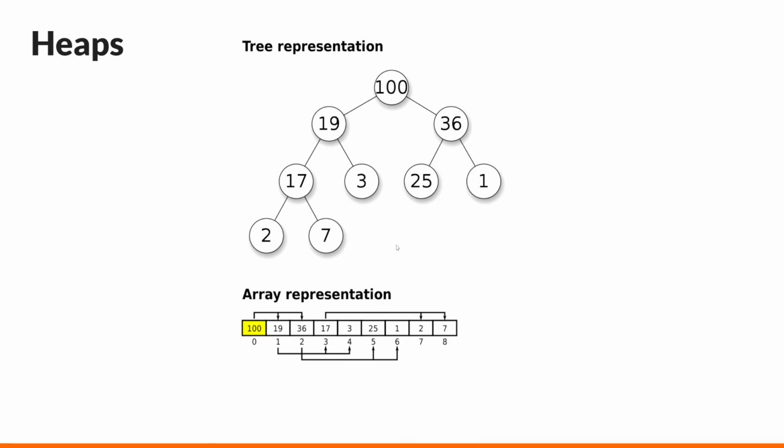Now, when I add a new element, I'm going to add it to the next available position, and I'm going to have to heapify it up. So I'm going to have to flip it, right, from the bottom to the top, right? So that is going to be a logarithmic time operation.